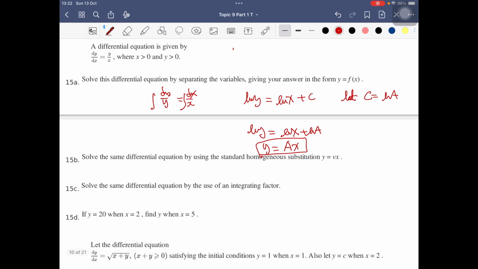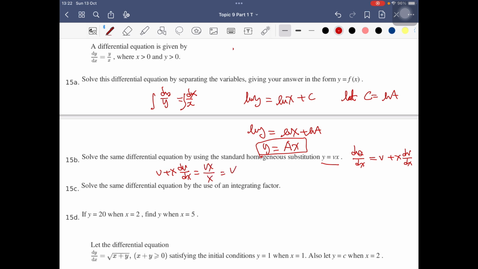And number B, homogeneous: y equals vx, dy over dx equals v plus x dv over dx. So v plus x dv over dx becomes vx over x.